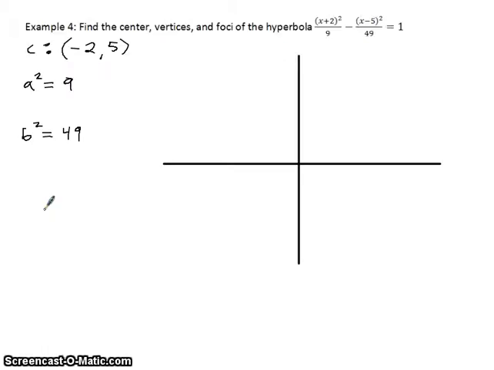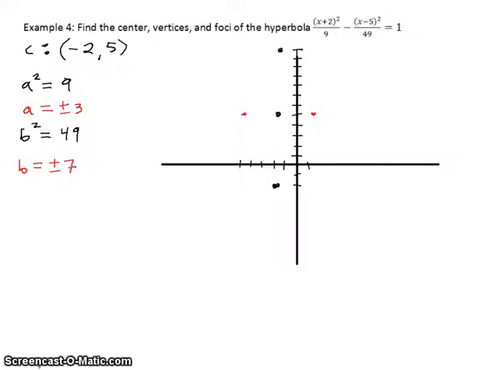This tells me that my transverse axis is going to be parallel to my x-axis. Let's go ahead and plot the center and the a and the b values, and get a visual of the hyperbola and then come up with the vertices and foci. From my center, I went out 3 to the right and to the left, and that will identify the vertices of my hyperbola. We could just see what those coordinate points are.